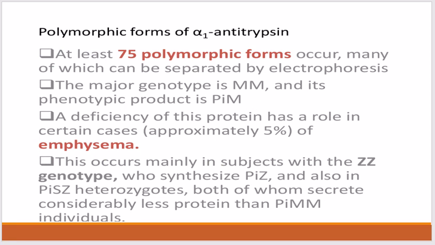I will discuss the polymorphic forms of alpha 1 antitrypsin. At least 75 polymorphic forms occur, many of which can be separated by electrophoresis. The major genotype is MM, and its phenotype product is PiM. The deficiency of this protein has a role in approximately 5% of cases of emphysema.